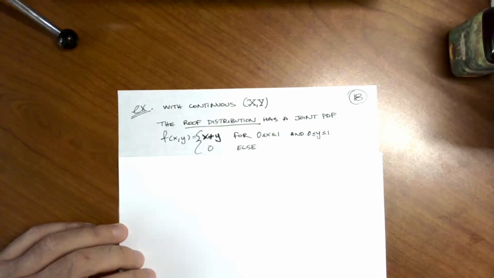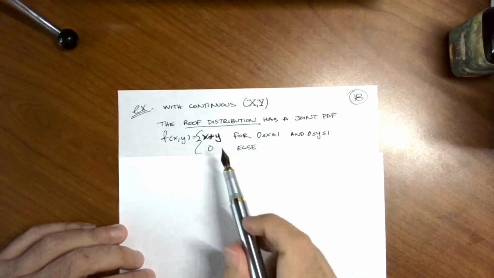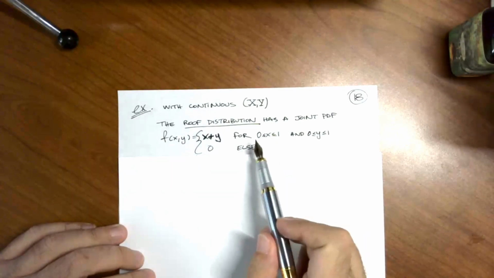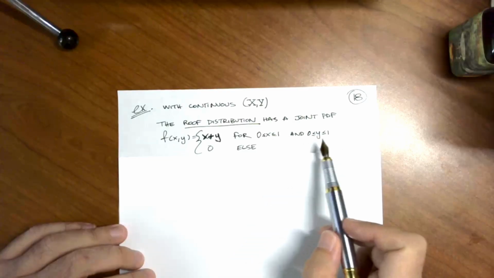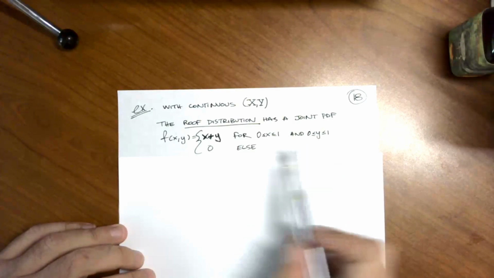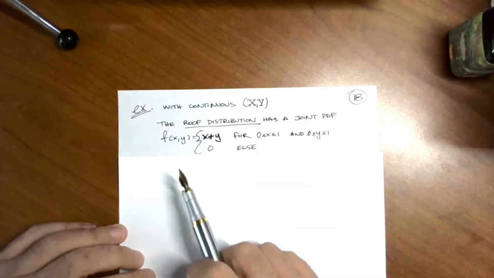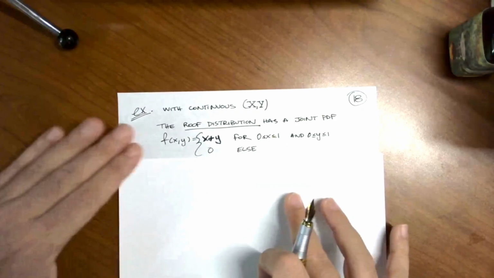The functional form of the joint PDF for this one is x plus y. It's a rather simple construct, and the domain of x for this function is going to be between 0 and 1, and the domain of y also between 0 and 1, and it takes the value of 0 for all other possibilities for x and y.